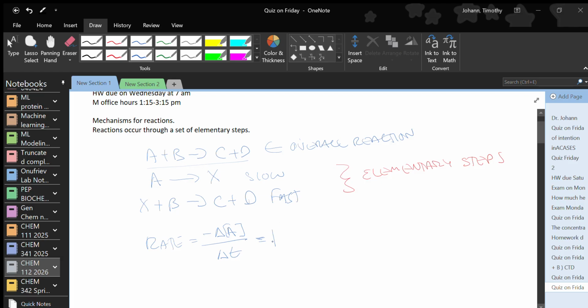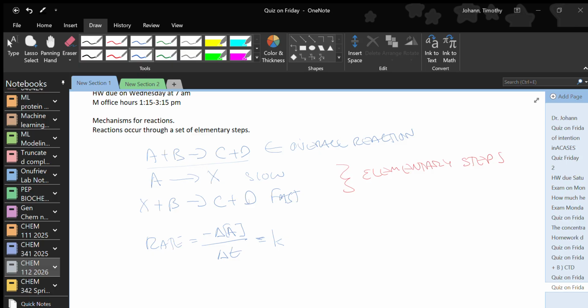Is equal to some rate constant K times something using that slow step. Now I use the slow step to write the rest of the rate law if I know what the slow step is. Okay, and it will be given to me, or we'll learn a little bit later on today how you can determine what the slow step is.